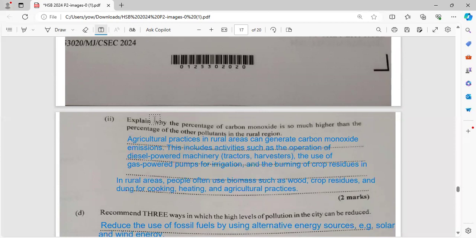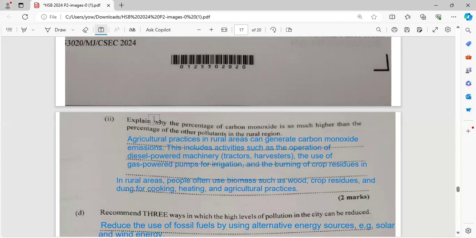We are in the rural region, so we are thinking that they are doing agriculture, and agriculture can generate a lot of carbon monoxide. This includes operation of diesel power machinery like tractors and harvesters, the use of gas powered pumps for irrigation, and the burning of crop residue. So all of that, guys, slash and burn, is emission of carbon monoxide.